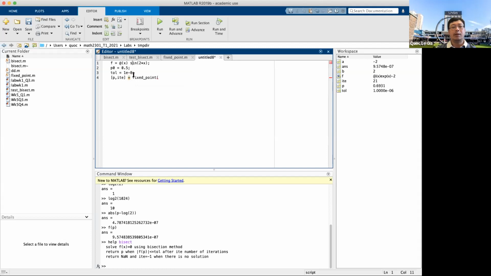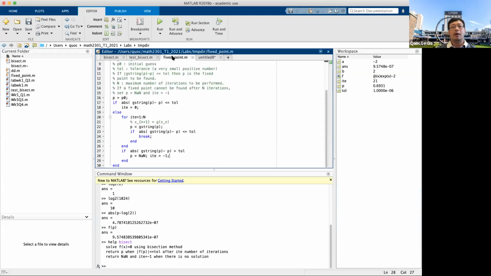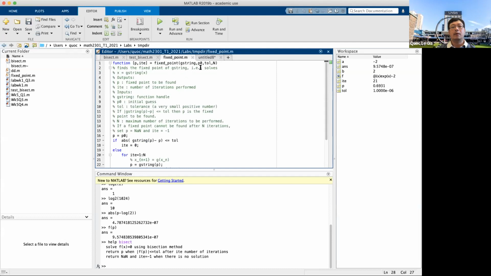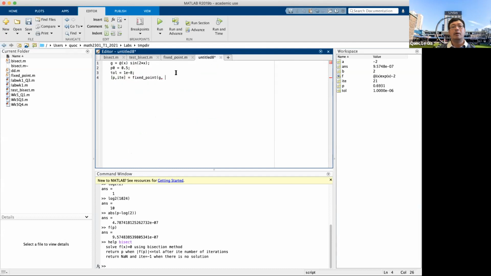Yeah, we set g. So we give g, and then we give, so what is the next argument? So the next argument is P0, tolerance, and the maximal iteration, maybe just give 100, okay?